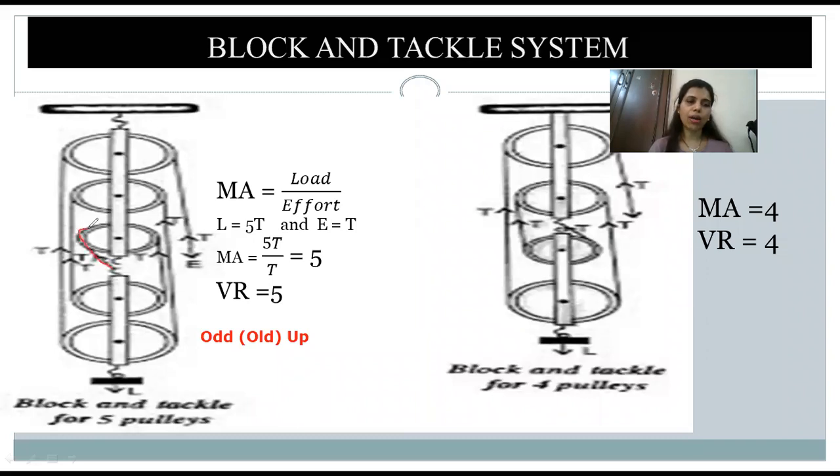So odd is up, it goes like this. Then it moves like this. When you start in the upward position, don't attach it to the hook; just move from one pulley to the other pulley. This is how you'll be going.